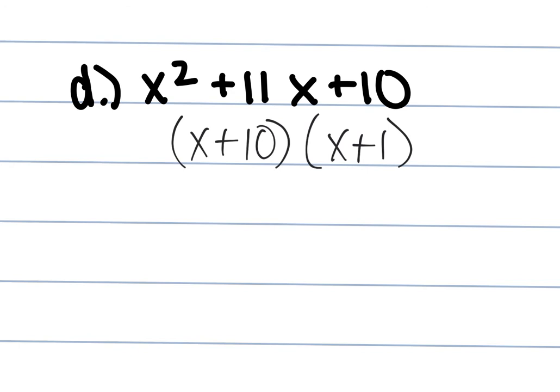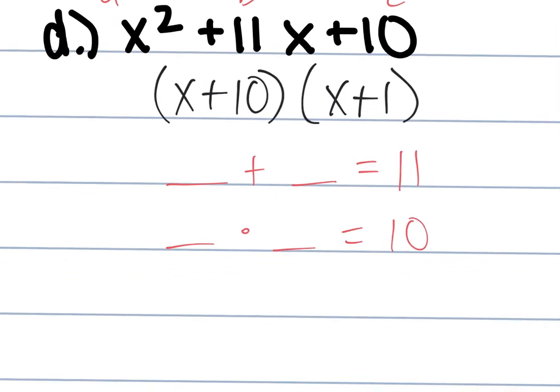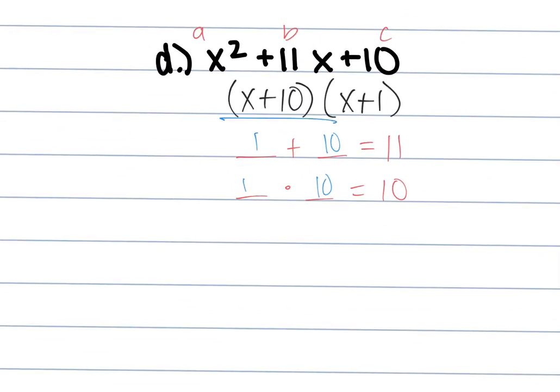So A in this case is 1, B is 11, C is 10. So we've got blank plus blank equals 11 and blank times blank equals 10. The two numbers you should have picked are 1 and 10, and you should have gotten x plus 10 times x plus 1.